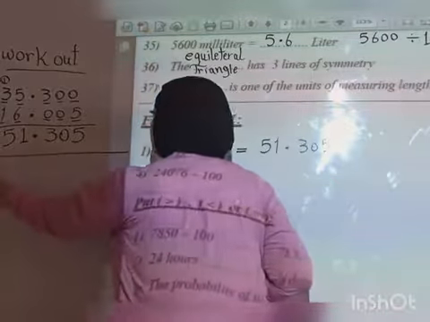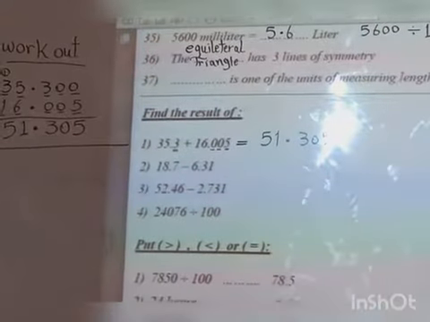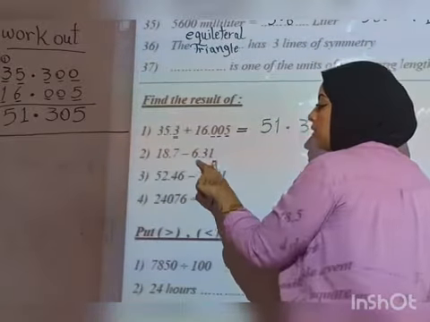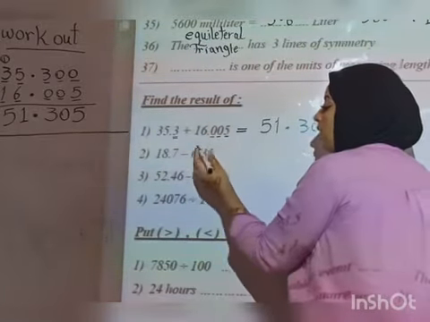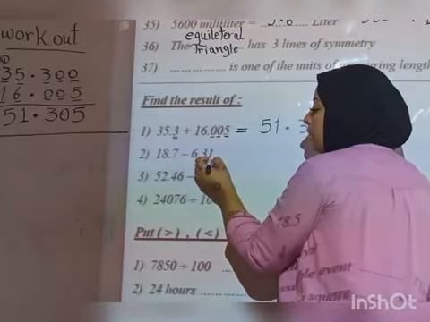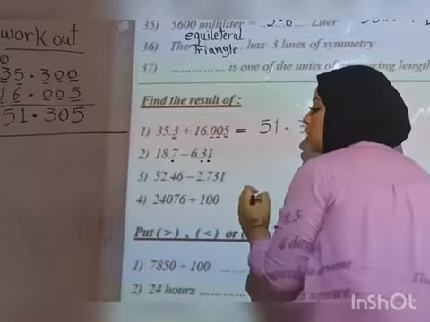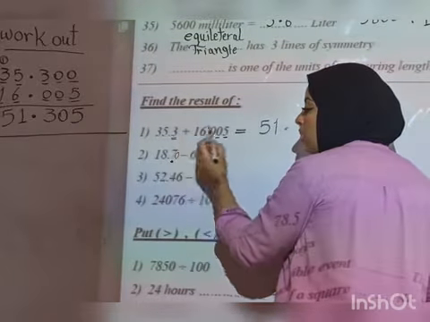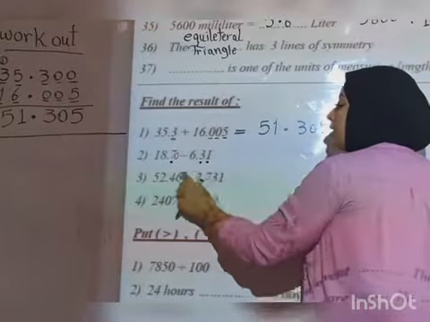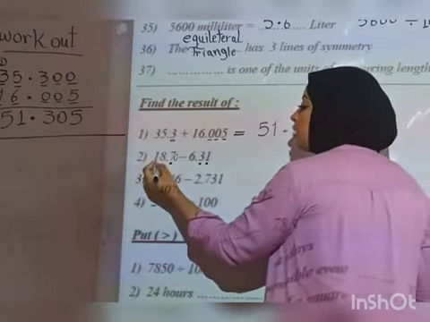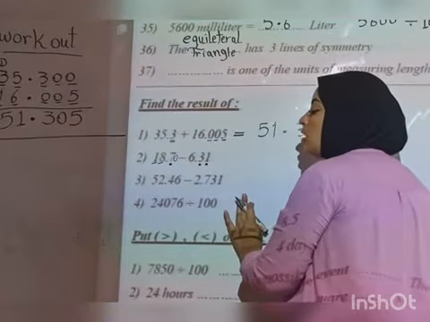Make a line to solve number 2. In number 2, here we have 18.7 minus 6.31 hundredths. Here we have 2 decimal places after the point. And here we have only 1 decimal place. So we will put 0 here to make equal decimal places. And here we have 18, 2 digits in the whole number.